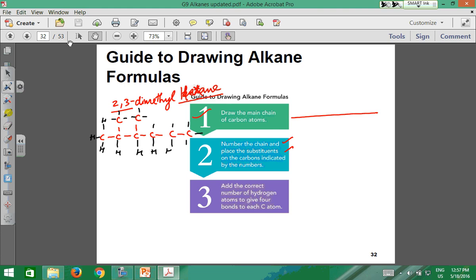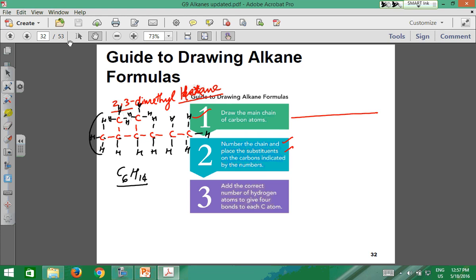If I write hexane, meaning 6 carbon, then how many hydrogens? Remember the formula I told you: in case of alkanes, it is C6H14, 6 times 2, 12, plus 2, 14.